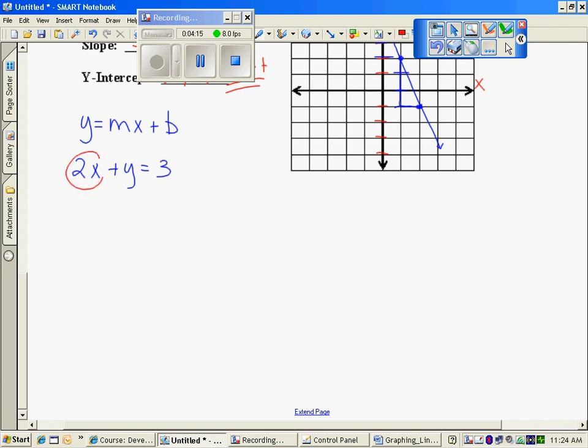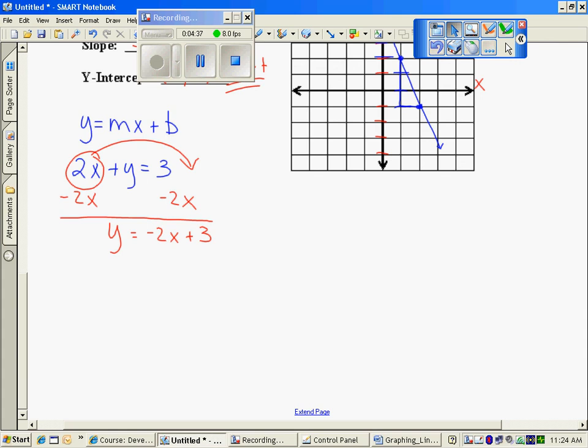So what I'm going to do is move this to the other side of the equal sign so that y will be isolated. We do that by the inverse operation, like we did in solving equations. y is on the left, -2x plus 3 is on the right. So my slope for this would be -2, and my y-intercept is 3.